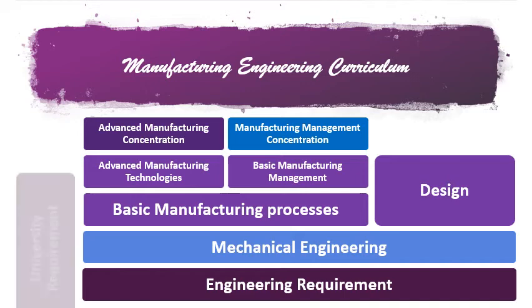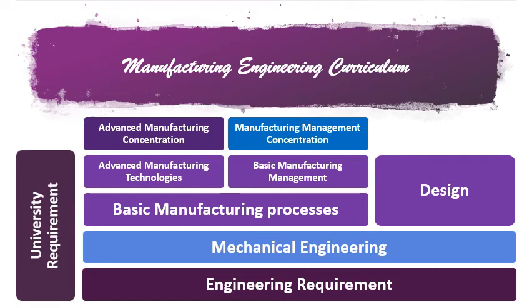While you're studying all of this, you must also fulfill some university requirements. The university requirements focus on soft skills, like communication skills, writing skills, presentation skills. You have some 6 courses covering various types of skills. Marketing, for example, and accounting are among the courses.